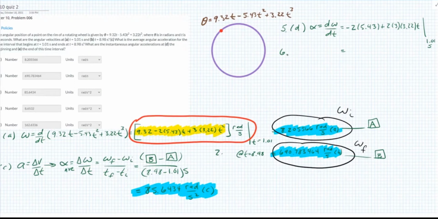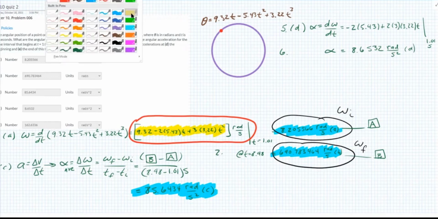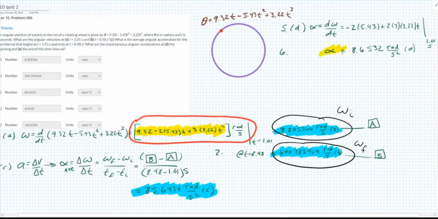Okay. 8.6532 radians per second squared. That's the answer to D for instantaneous acceleration, standing in stark contrast to average acceleration.